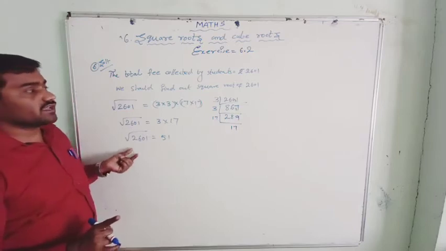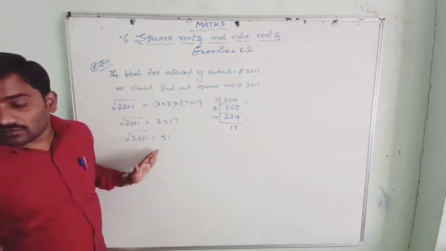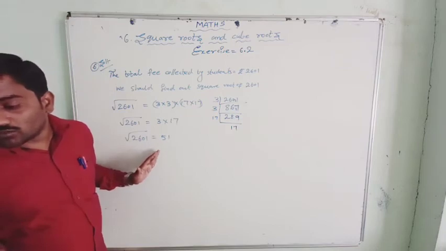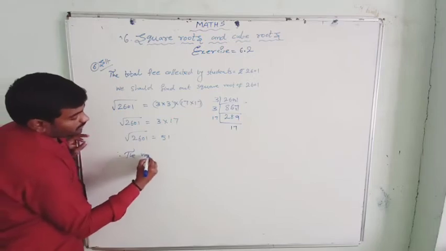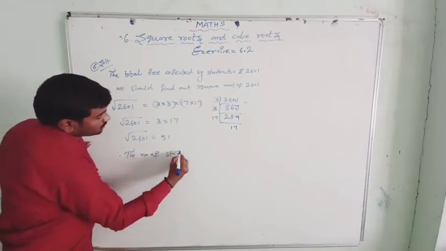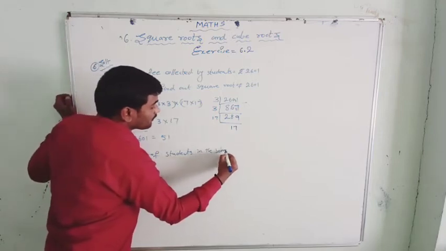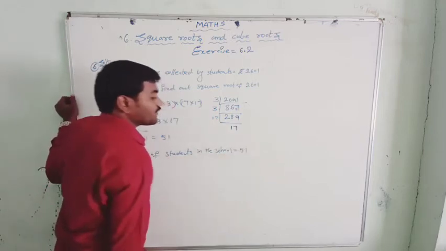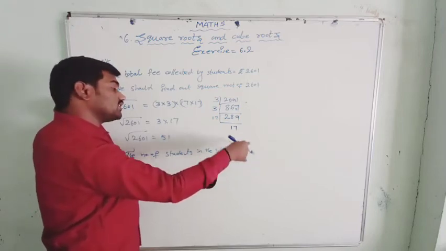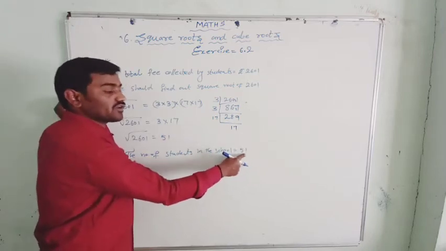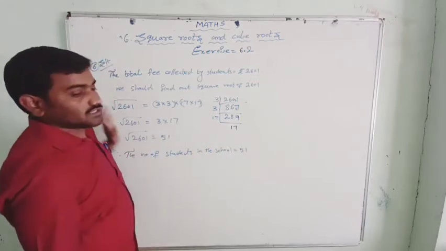How many students were there in the school? Therefore, the number of students in the school equals 51. There are 51 students. From every student they have collected 51 rupees. 51 into 51 is 2,601.